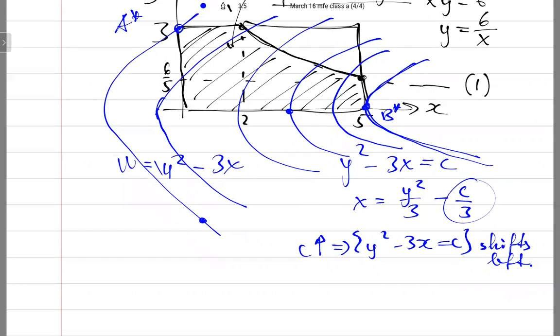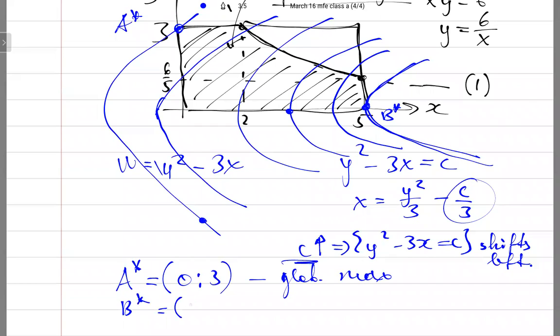Without Lagrange multipliers, just from the plot, A star is (0, 3), the leftmost curve with maximum c, so it's a global maximum. And B star equals (5, 0), the rightmost curve, the global minimum. So in that case, everything is solved graphically.